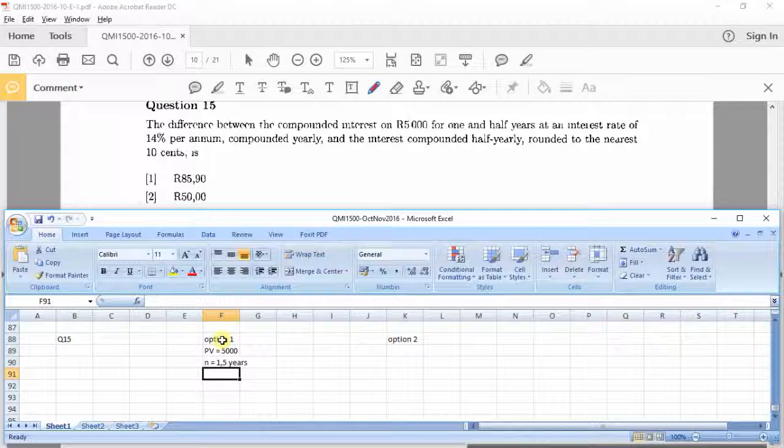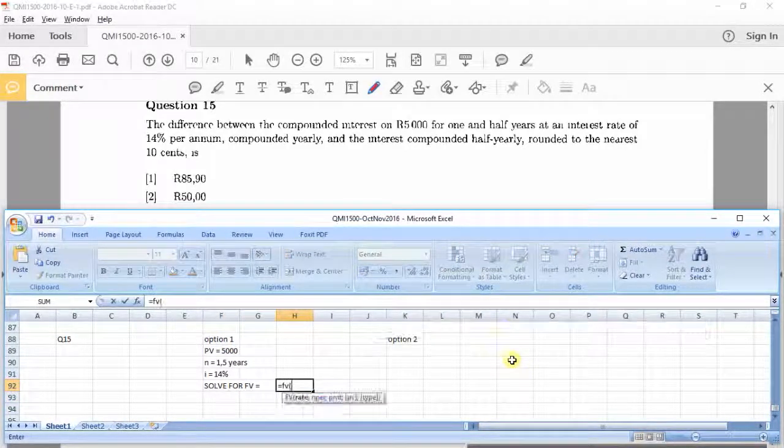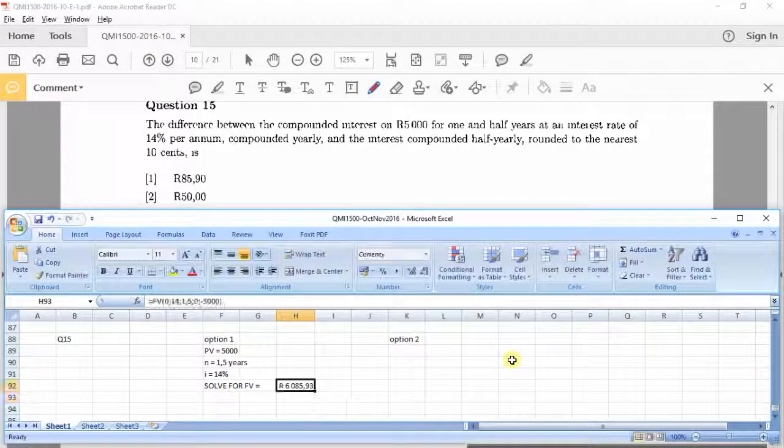So i equals 14%. Round it to the nearest 10 cents. So solve for FV. The rate is 14%, n is 1.5 years, PV is 5,000. It gives me that future value.